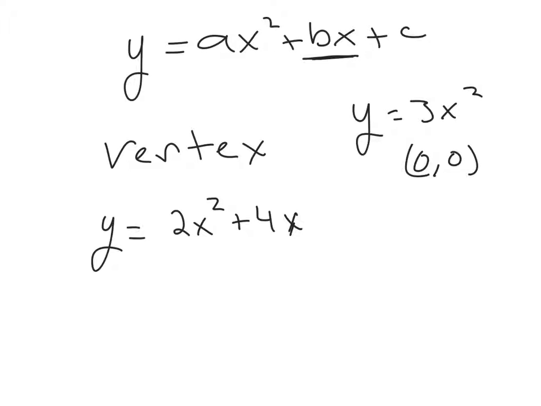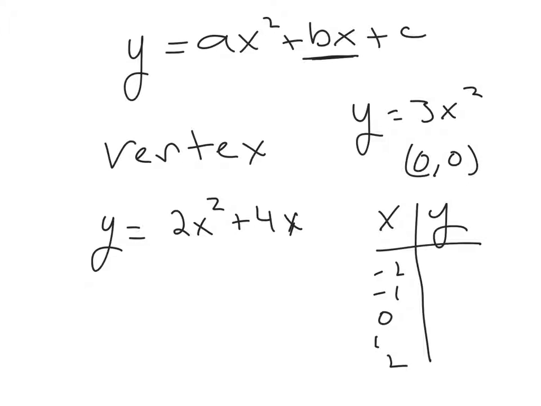So let's make a table of values. And let's start off with some of our standard values: -2, -1, 0, 1, 2. -2 squared is 4 times 2 is 8, plus 4 times -2 is -8.